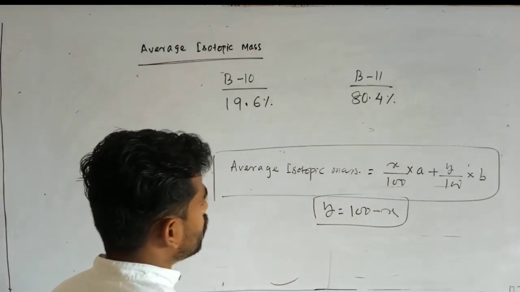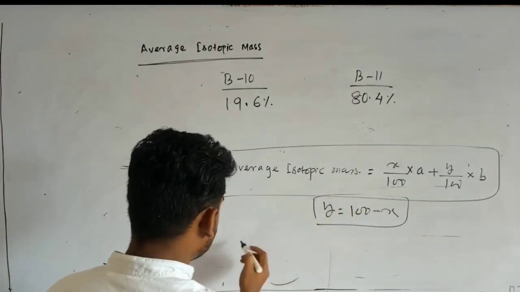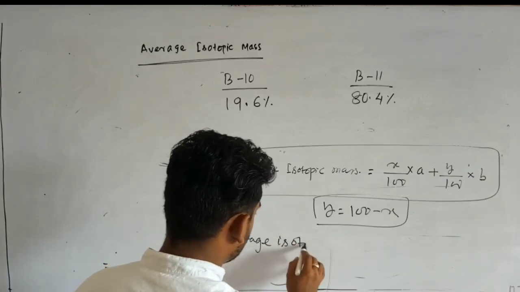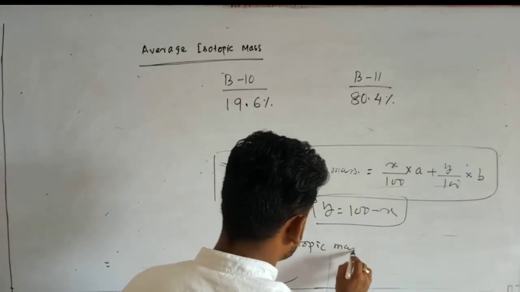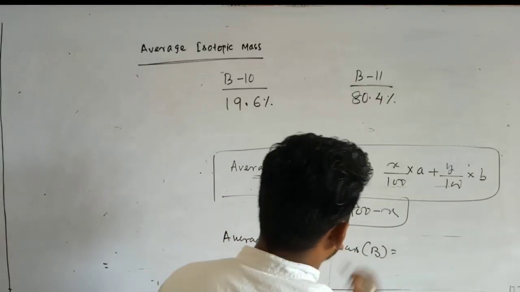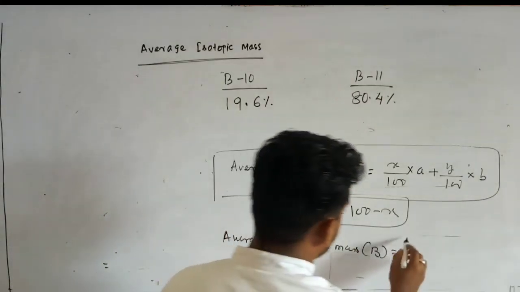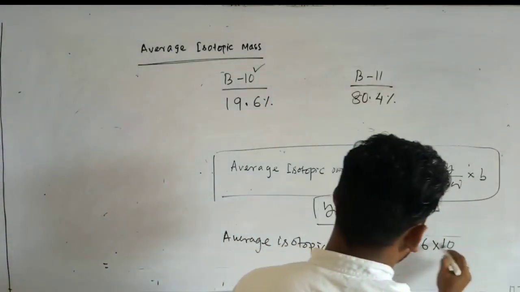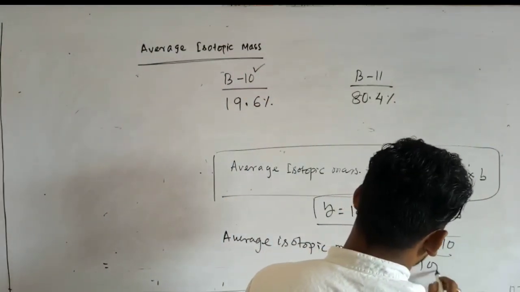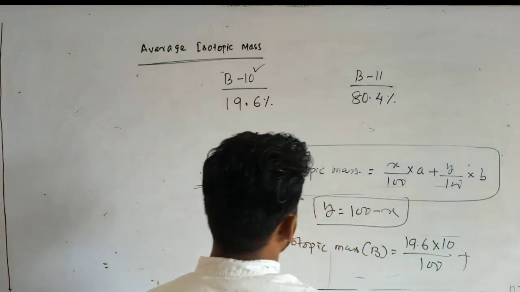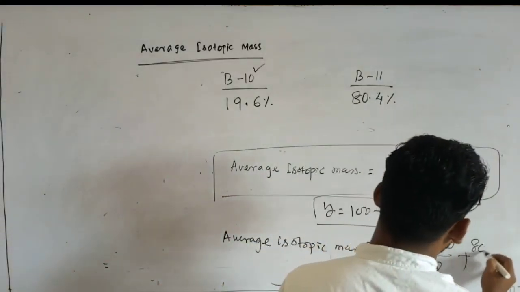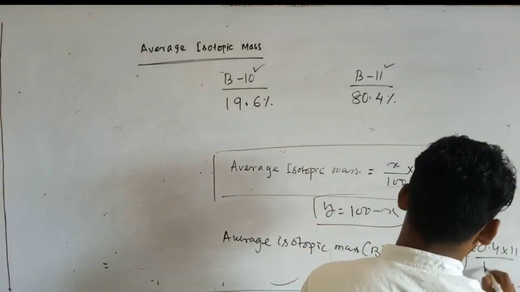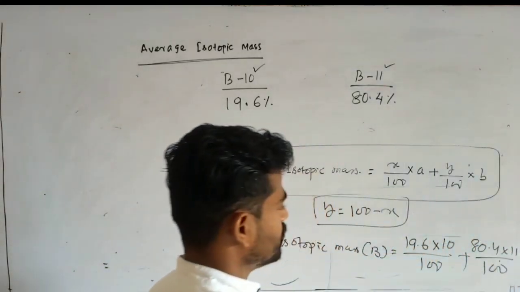By applying this formula, the average isotopic mass of boron will be equal to 19.6 into its mass number 10 divided by 100 plus 80.4 into its mass number 11 divided by 100.